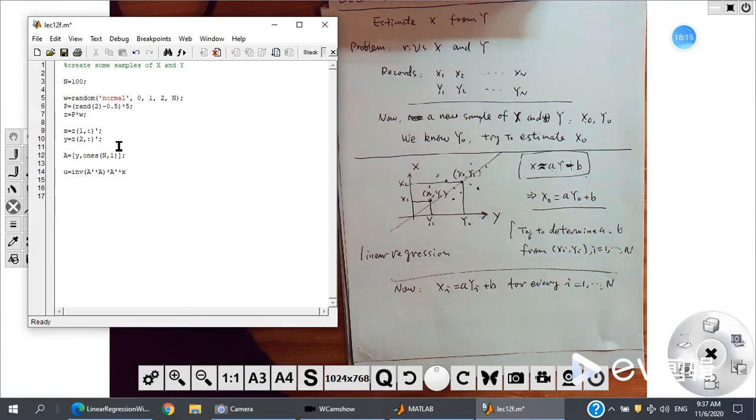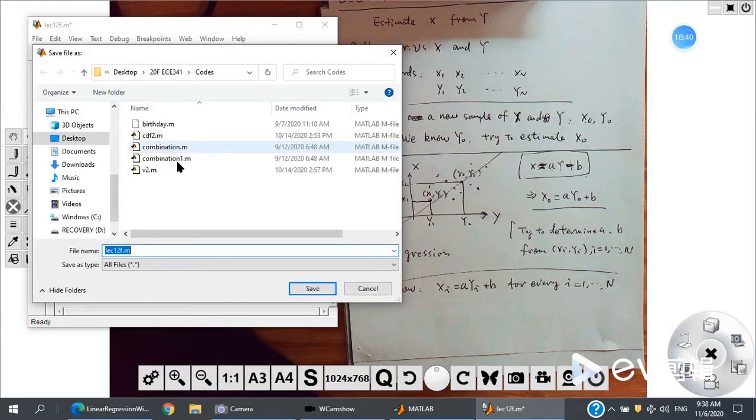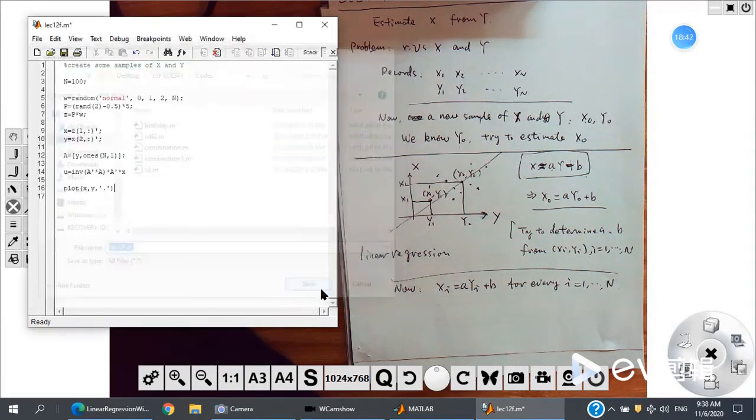So I need a plot of x and y with dots. This will give those points. Let me run it first to check whether it works. So far the code is good. Okay, just save it.